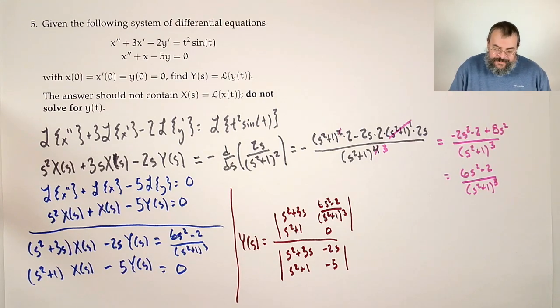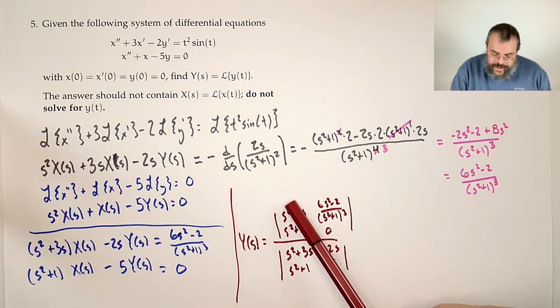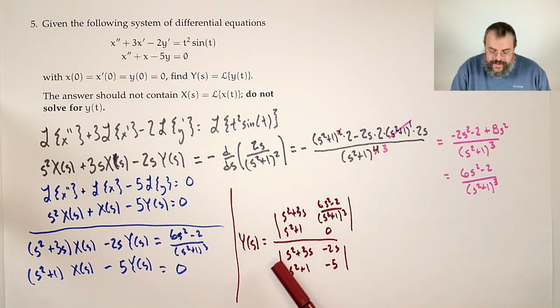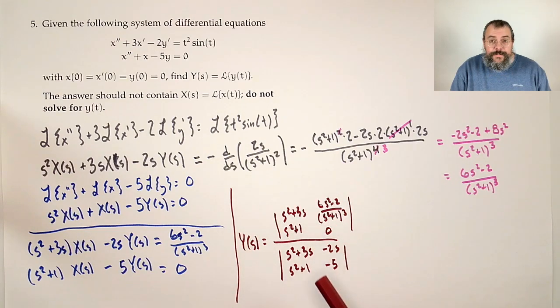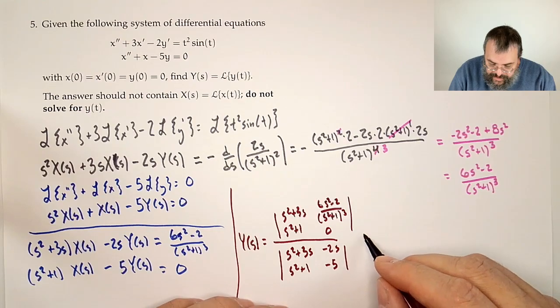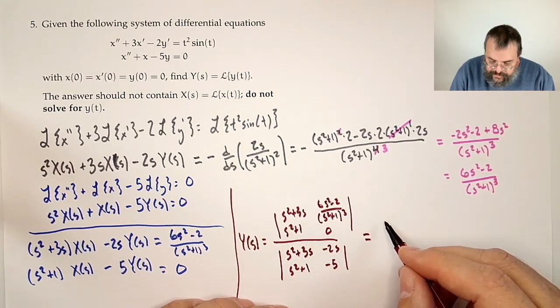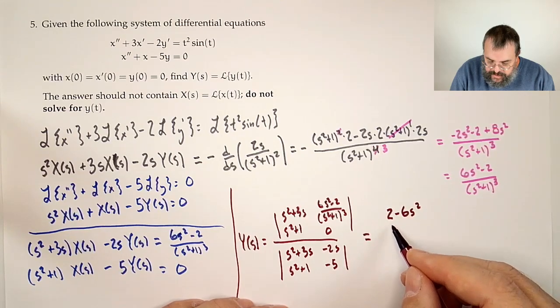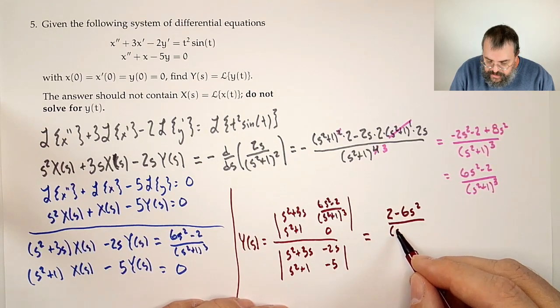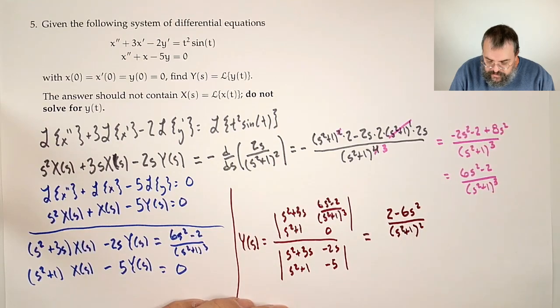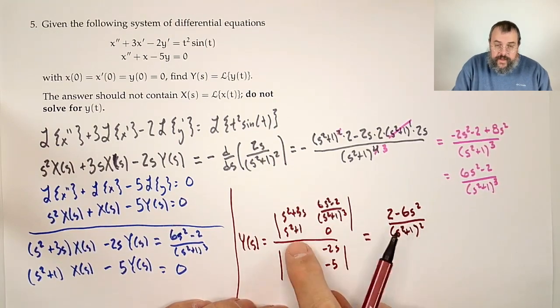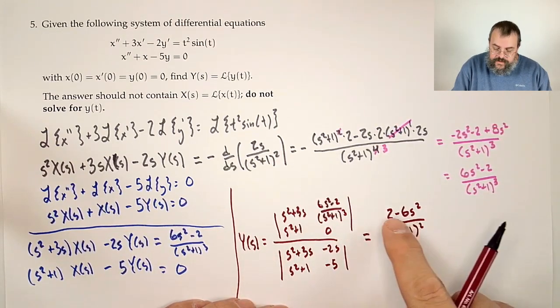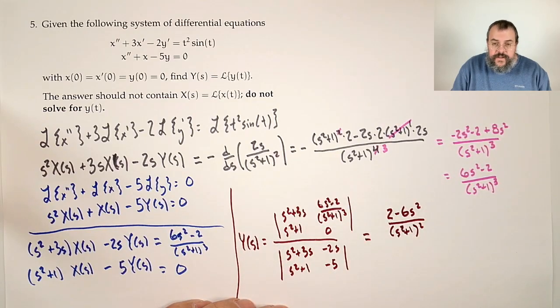The good news is upstairs, it's pretty quick to compute because you get 0 here, and here you get an s squared plus 1 to actually cancel. And don't forget there's subtracting that, so this would be 2 minus 6s squared divided by s squared plus 1 quantity squared. Because the s squared plus 1 cancel, and the reason the signs change is you subtract.